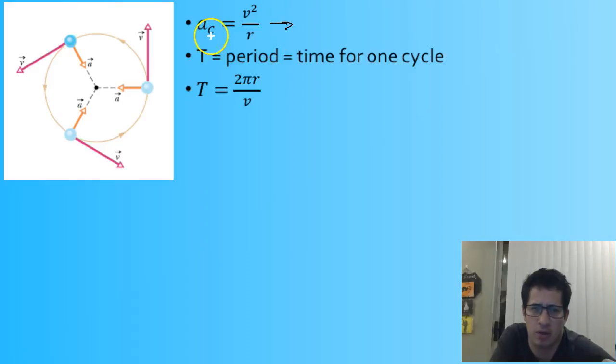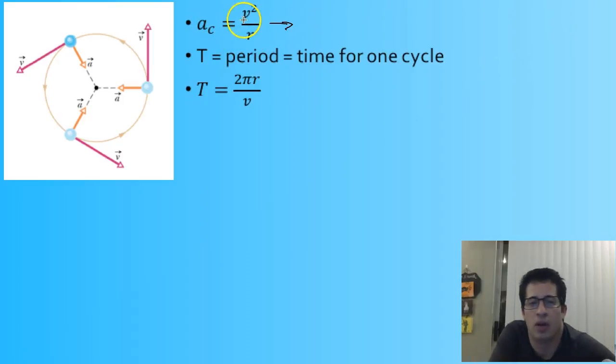This shows how the acceleration relates to the velocity and the radius.